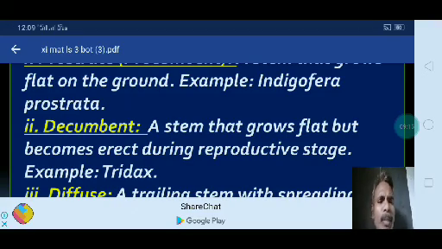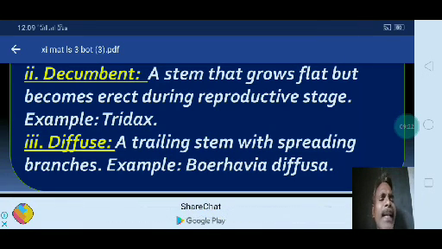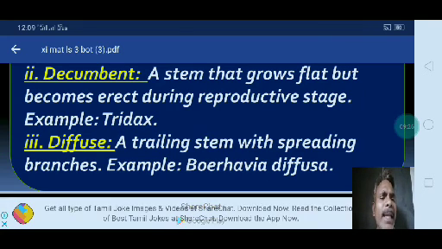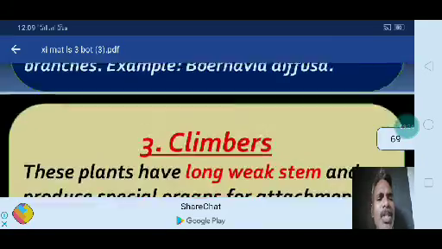Example, Tridax procumbens, where the reproductive parts are upper in position and erect in nature. The next one, diffuse, a trailing stem with spreading branches. Example, Boerhaavia diffusa.